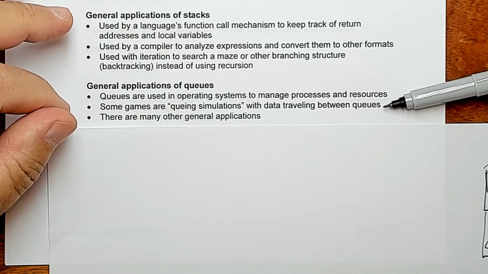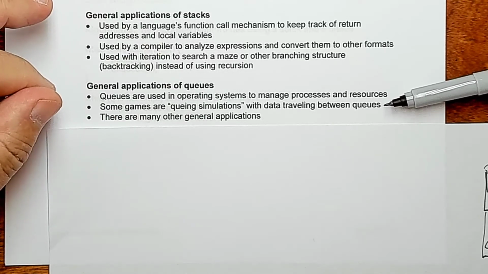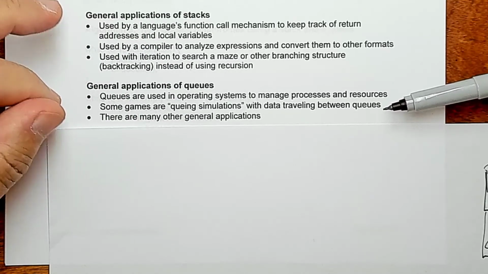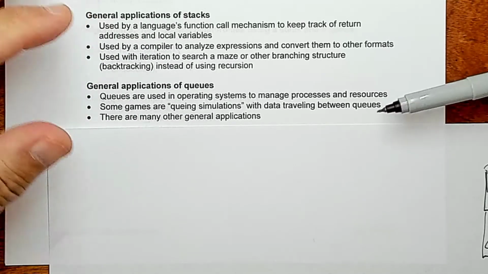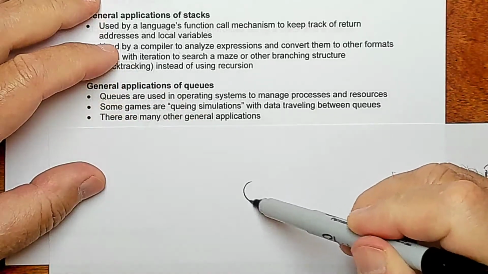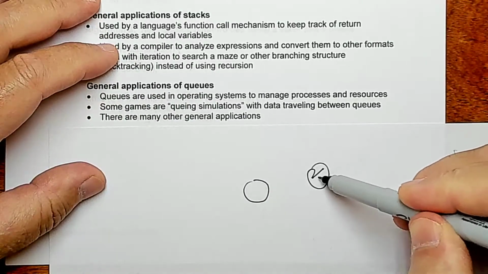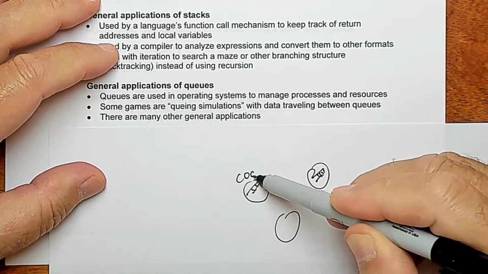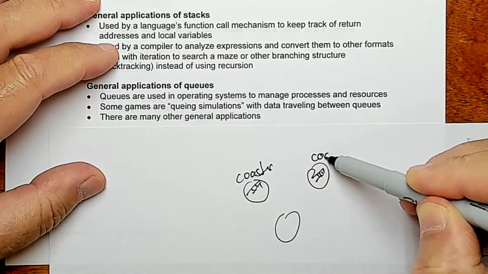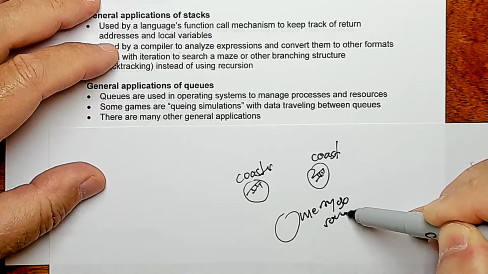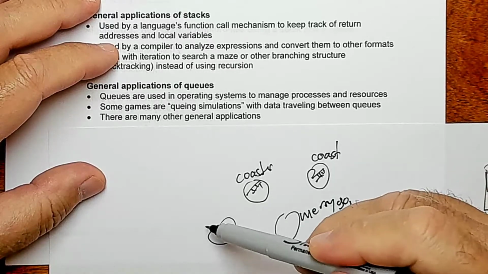Let's say, for example, you wanted to make a theme park game. Like there was one I was playing for a while, something with roller coasters, Roller Coaster Tycoon. So you have these roller coasters, and each one is really a queue. Then you've got the merry-go-round, and you've got a restaurant.